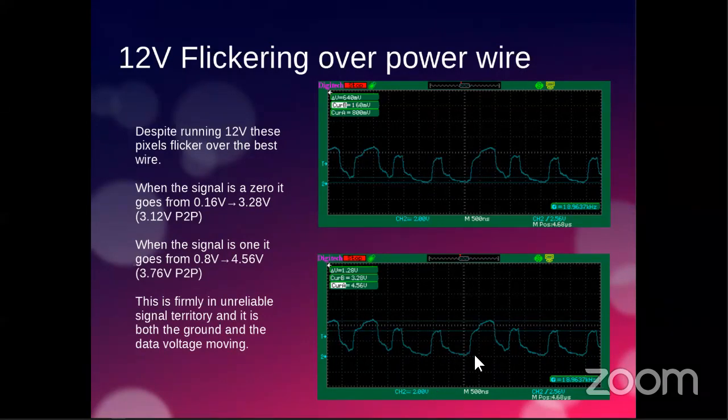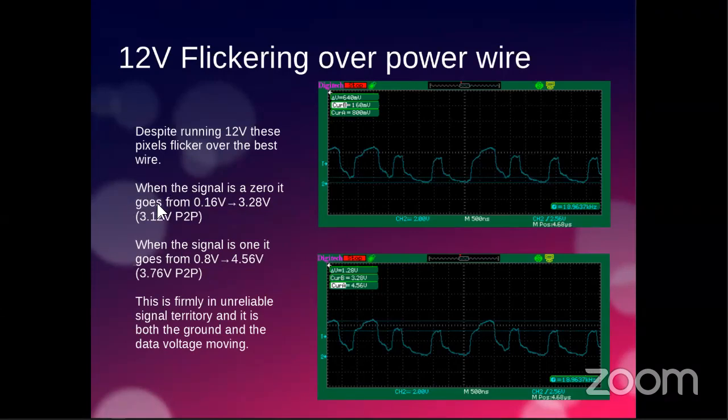These are 2 volts per division. And you can see that there is a significant amount of voltage variation between the zeros and the ones here. In fact, so much so that these zeros were probably not being read at all, and the ones were probably being read, which means this signal did not comply with the specifications at all.